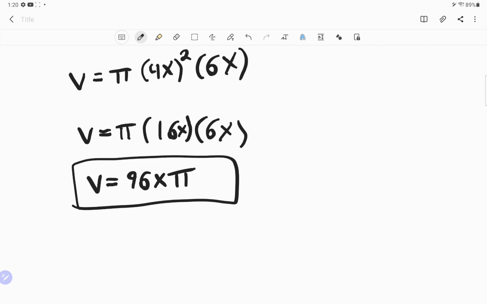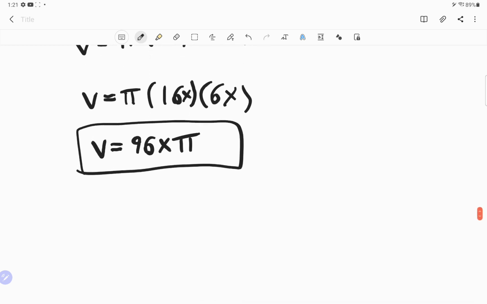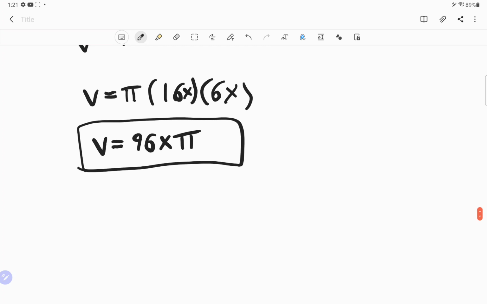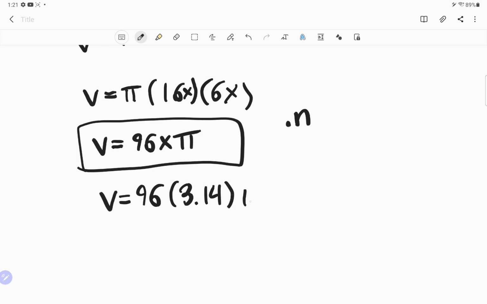There's nothing more to it because this one's not a cone. If it was a cone, then we would definitely have to divide. But I can see already on the problem it's telling us we need to round to the nearest tenth. So I'm going to go ahead and multiply 96 times pi. I'm going to write my decimal.